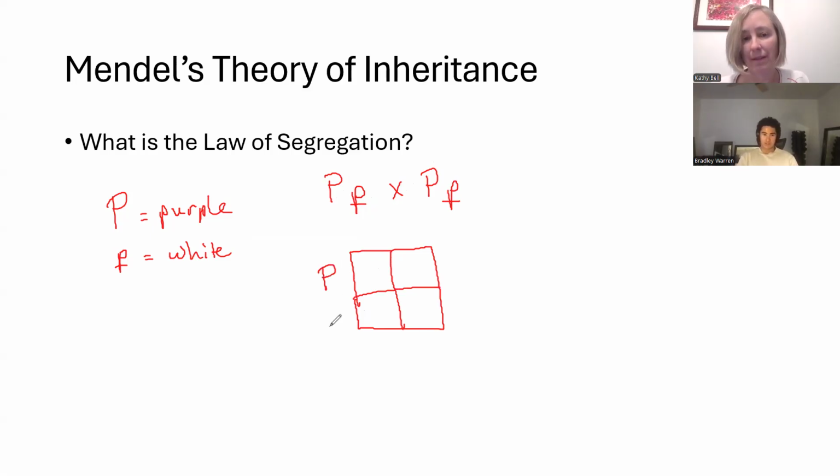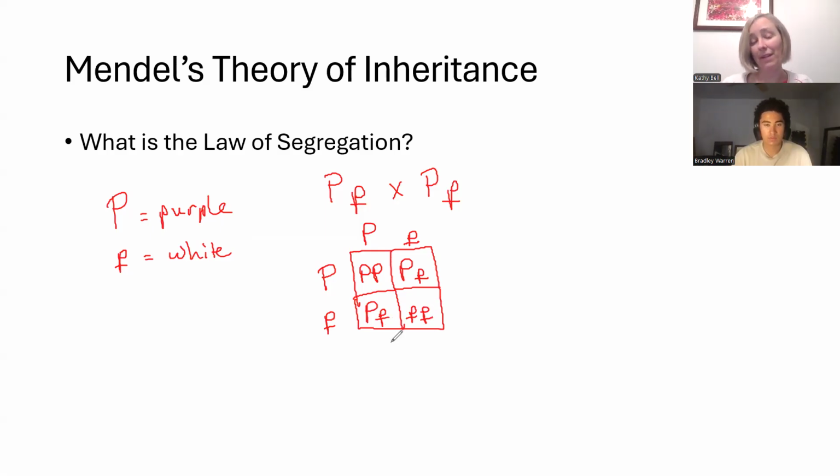75% purple, right? Yep. If we look at our offspring, we have 3 of them out of the 4 that are going to be purple, so 3/4 or 0.75 would be purple.